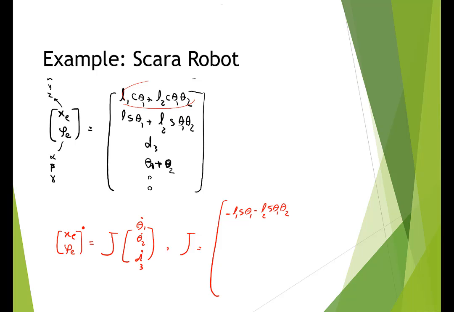The derivative of the same with respect to the second input, theta 2. The derivative of it with respect to the third, d3, there's nothing, 0. Repeat this for the others.